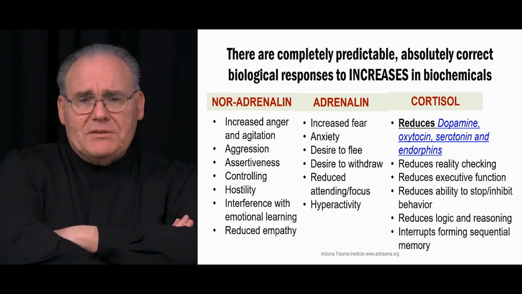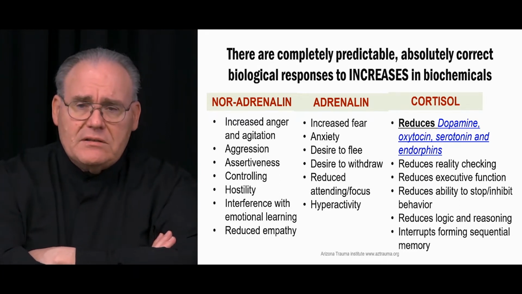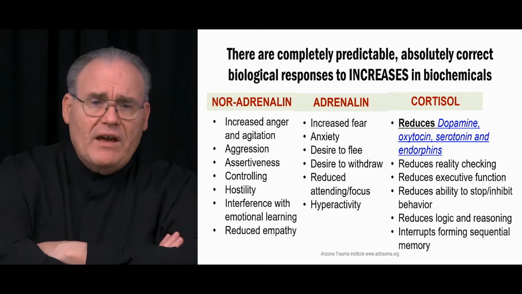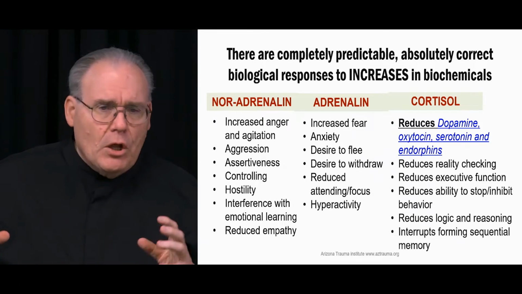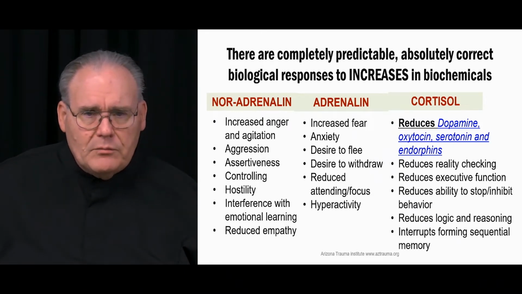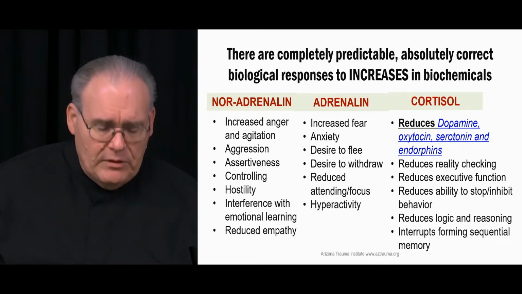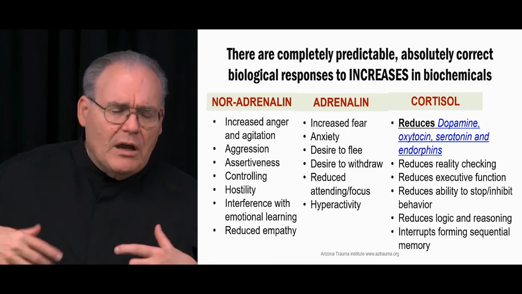These are the biologically correct, predictable increases in biochemicals. These are the responses you should see. So if I have a large increase in noradrenaline, and large is what we call idiosyncratic, I'll talk about that in a minute. A large increase in noradrenaline, I'm going to feel angry and agitated and aggressive. I'm going to be hostile.